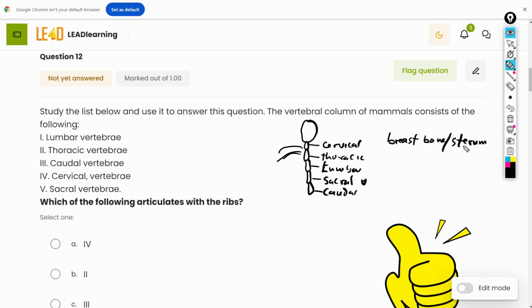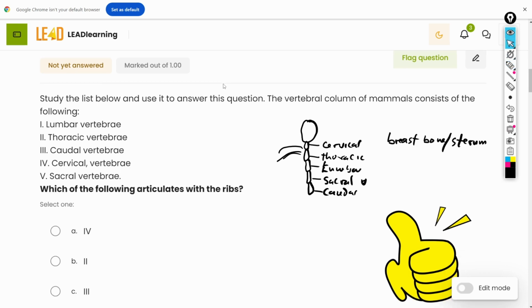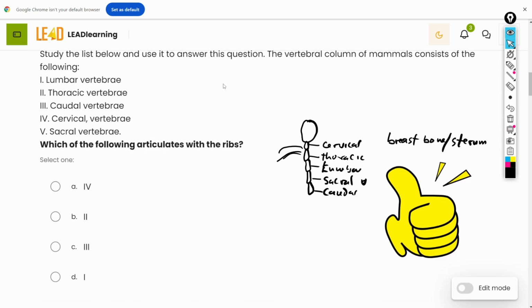And then to the back, the ribs connect to the thoracic vertebra. So if we look at our options, the thoracic vertebra is number 2, and number 2 in our options is the option B.